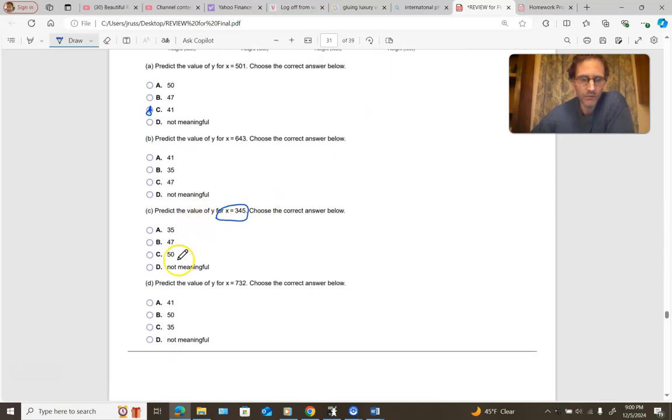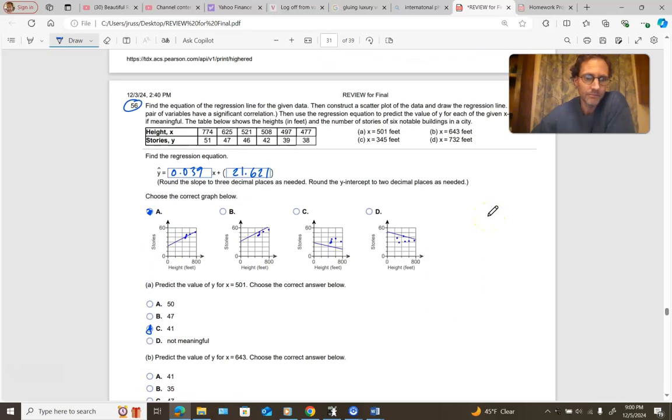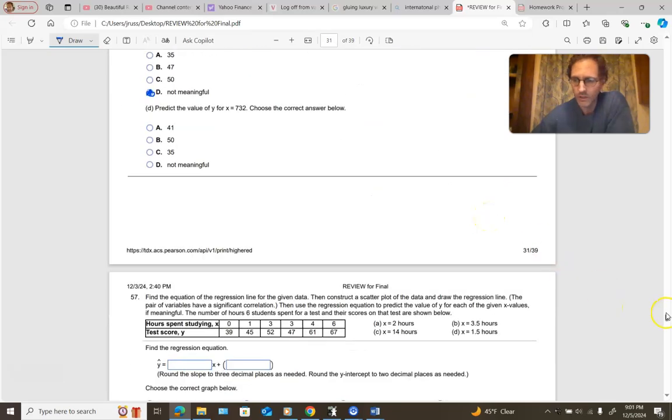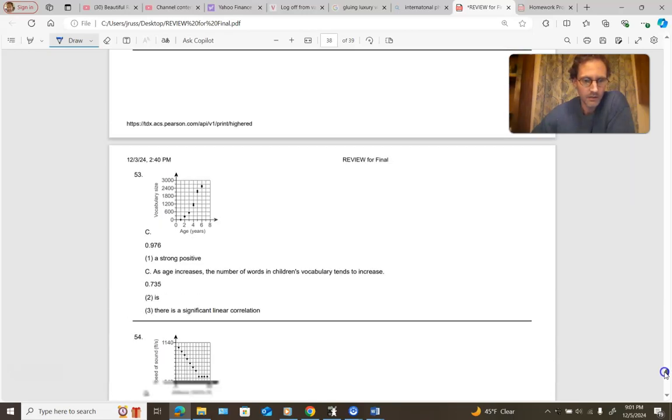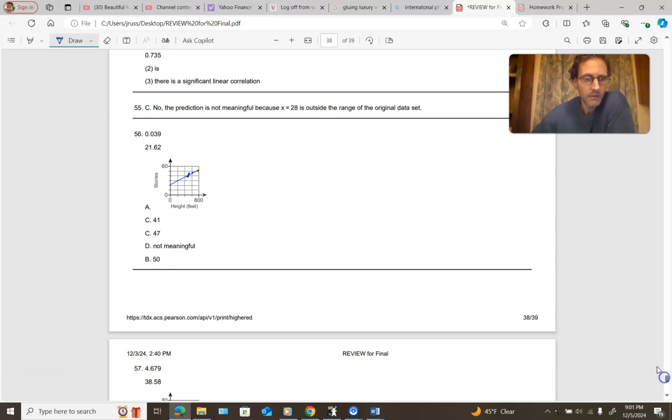I bet if we were to look at the answer here for part D, it would be not meaningful. We can actually do that real quick. Yeah, see, for part D, it says not meaningful.